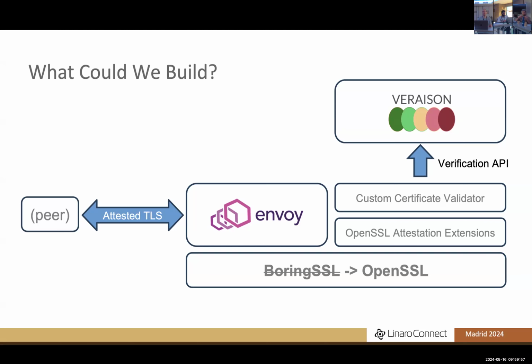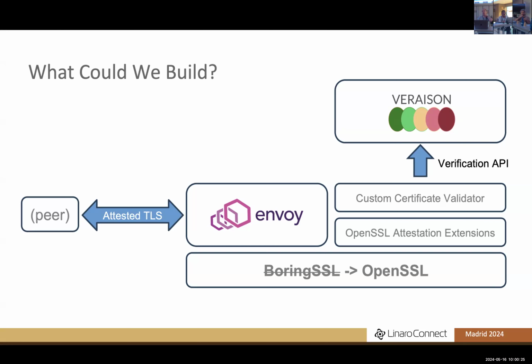I think also it is possible in Envoy to hook up the certificate validation to basically bring in a custom validator. The reason why I think that is possible is because I think it was already done with SPIFFE. I think there is a validator for Envoy that will use a SPIFFE SPIRE validation service.